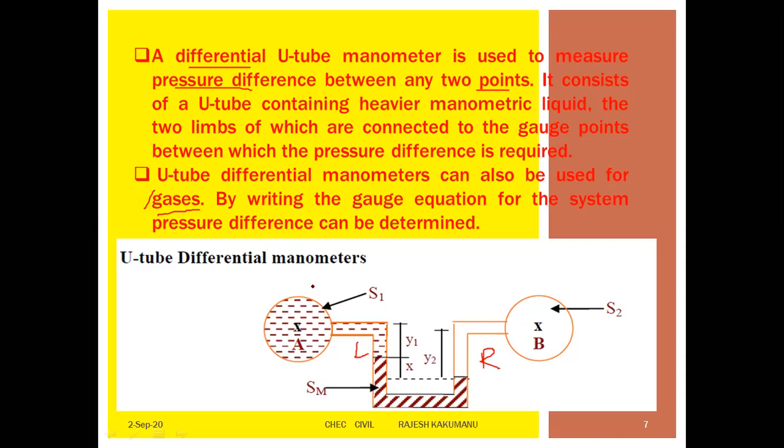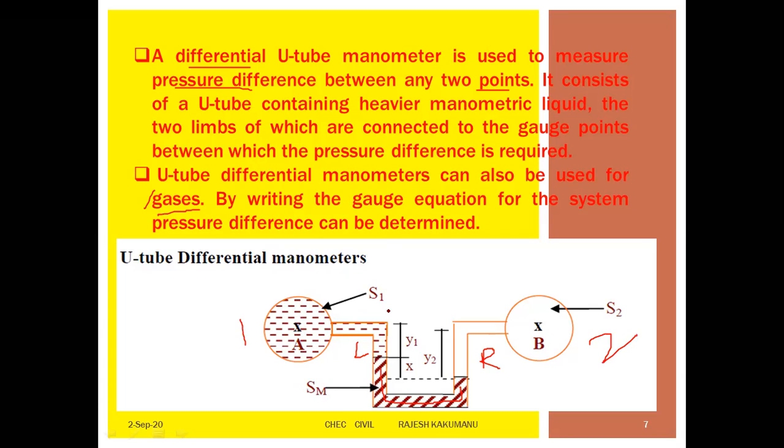Now if you see the figure here, we are having two containers, one container on the left hand side and the other on the right hand side. Now you see a point A in one container and a point B in the other. This is the manometric fluid, mercury, with specific weight SM.